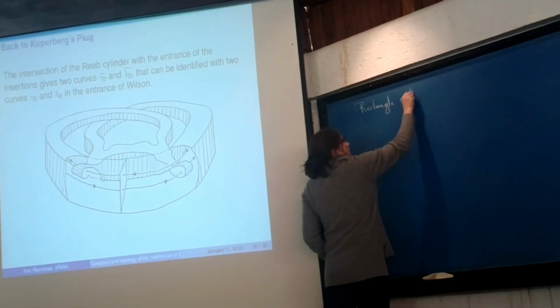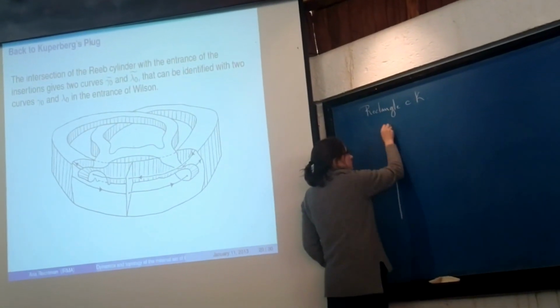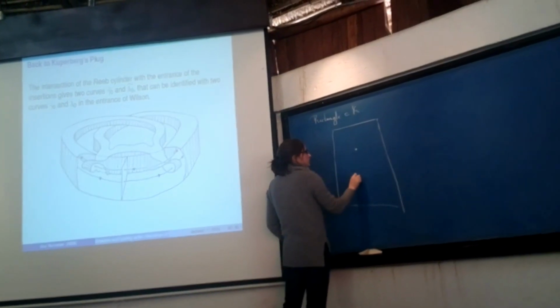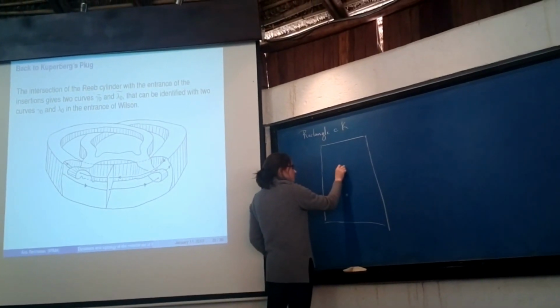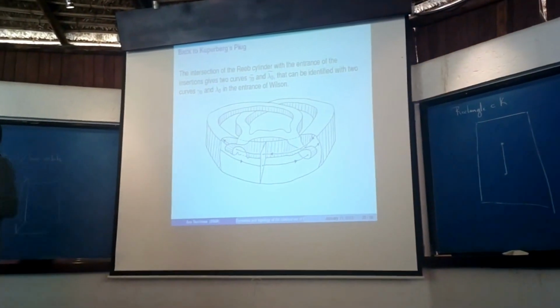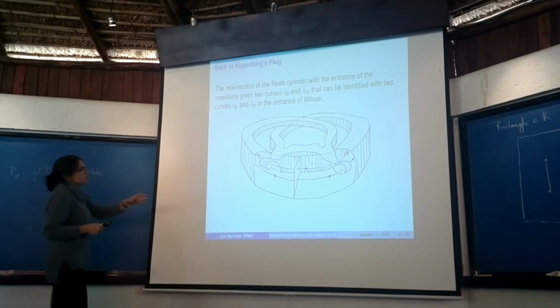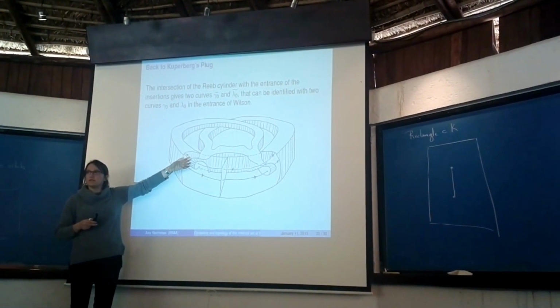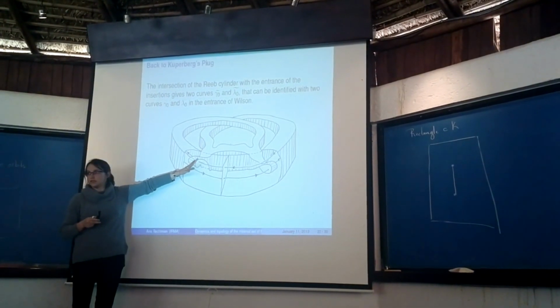Inside. Okay. Let me put the two special points and the vertical line that belongs to the cylinder. And then, well, what I want to know is what happens with these points that get to insertion.